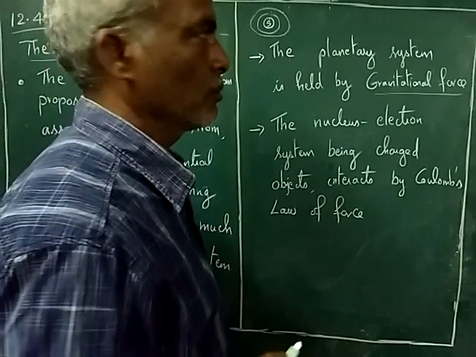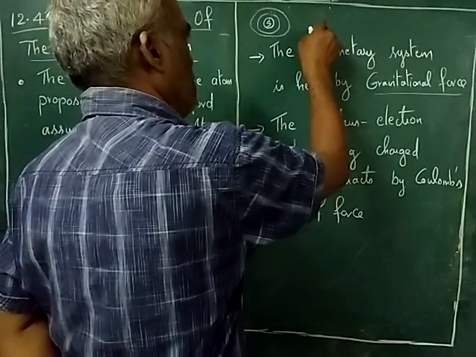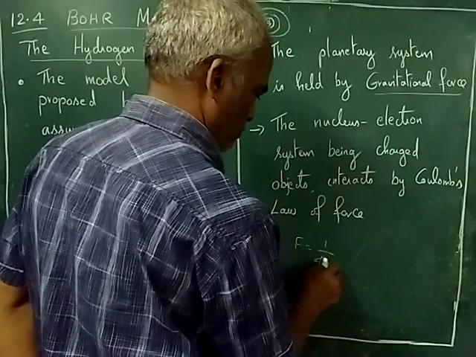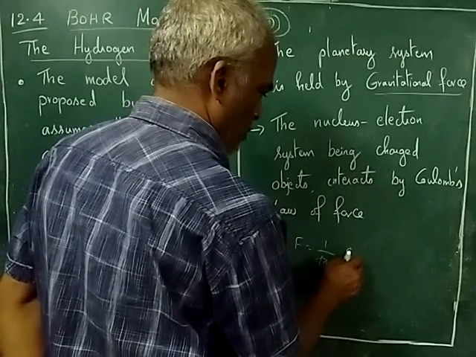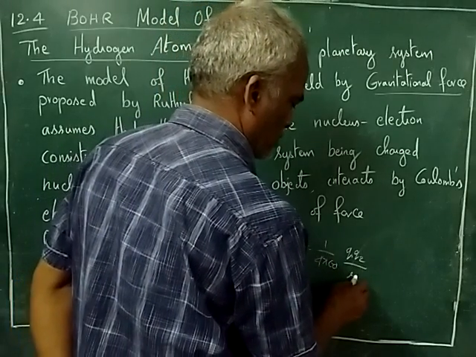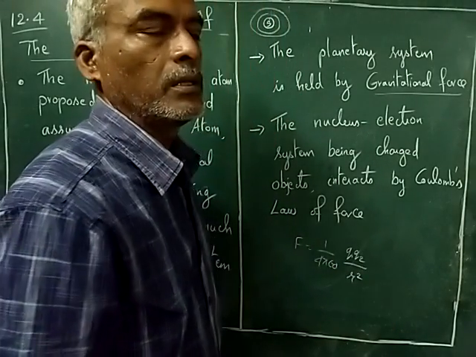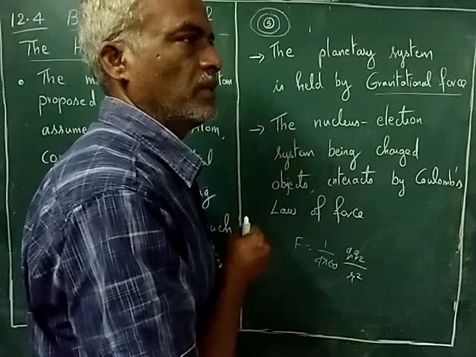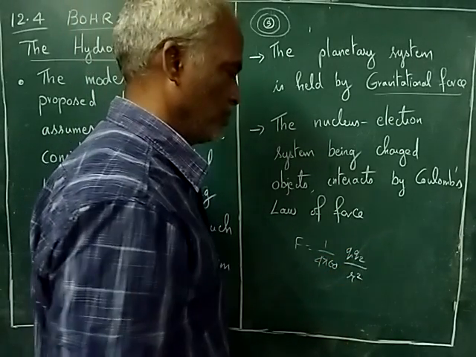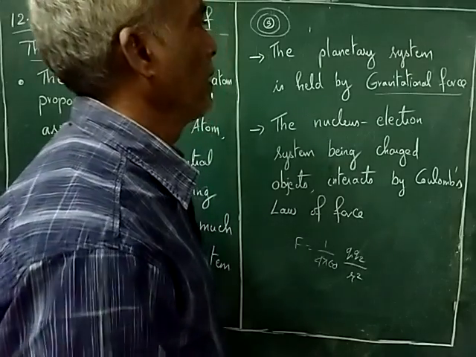You know Coulomb's law of force: F is equal to 1 by 4 pi epsilon naught, Q1 Q2 divided by the distance squared, say R squared. It depends on the product of the charges and is inversely proportional to the distance squared.